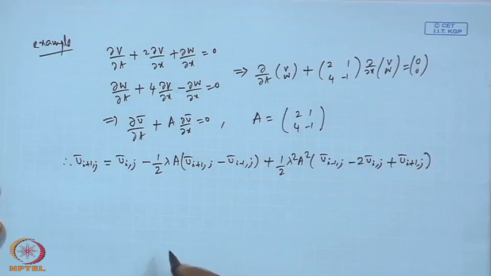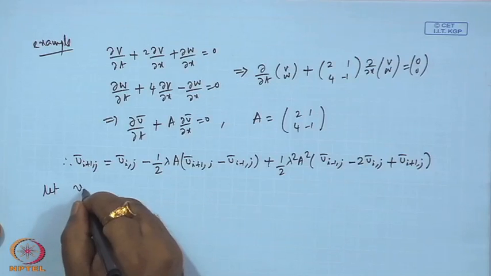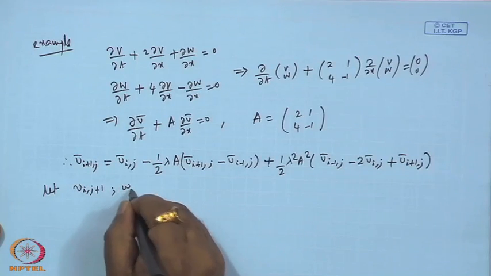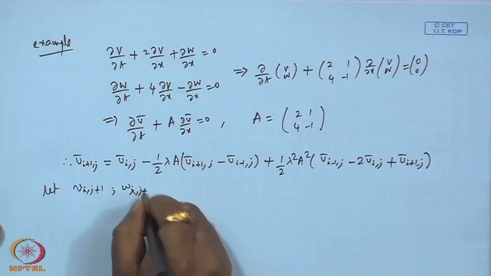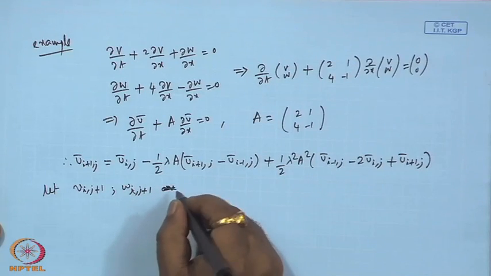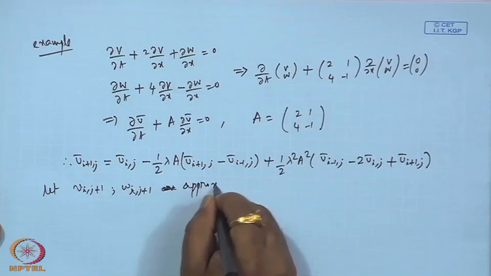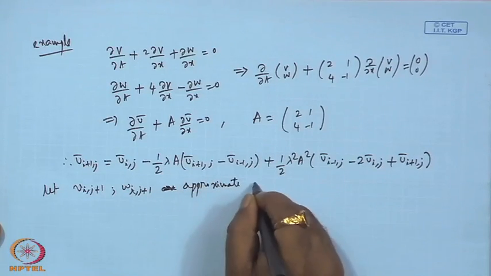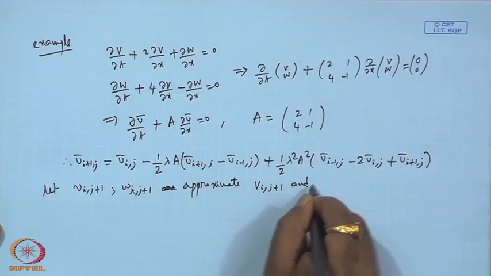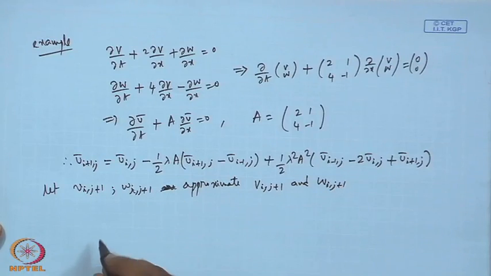this. Now, let V I j plus 1, W I j plus 1 approximate, okay, let them be approximating this.